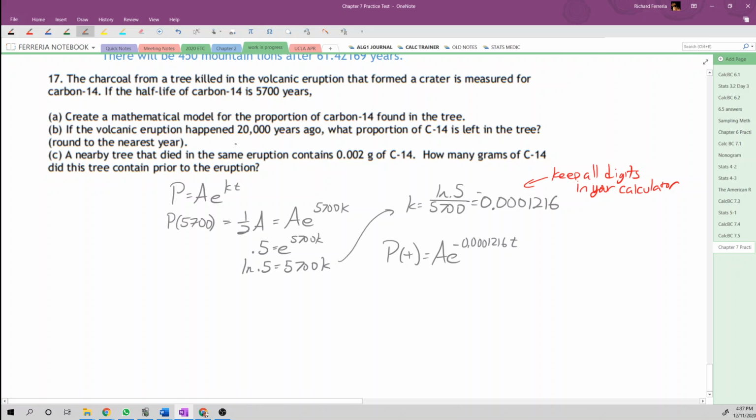B: if the volcanic eruption happened 20,000 years ago, what proportion of carbon-14 is left in the tree? So, P at 20,000 years is equal to the initial amount, A, multiplied by e to the negative 0.00011216 multiplied by 20,000.